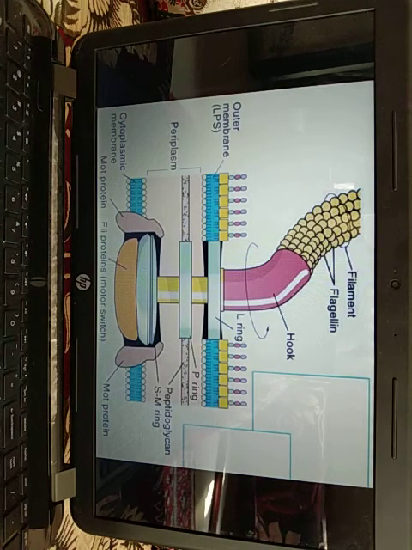Now next we have the pili and the fimbriae. The two terms have been used interchangeably for the bacterial appendages which are not involved in locomotion. Actually, pili, singular pilus, are longer, fewer and thicker tubular outgrowths which develop in response to the F plus or fertility factor in the gram-negative bacteria.